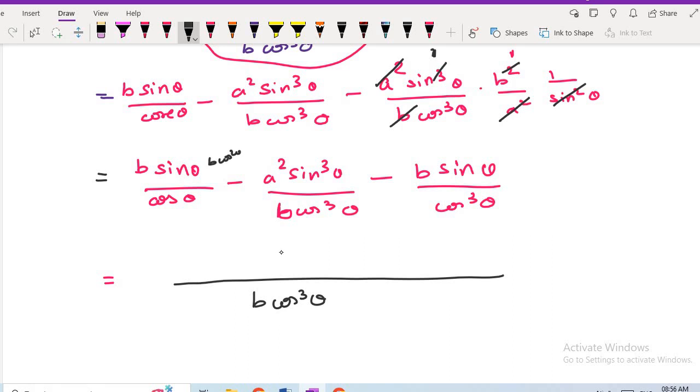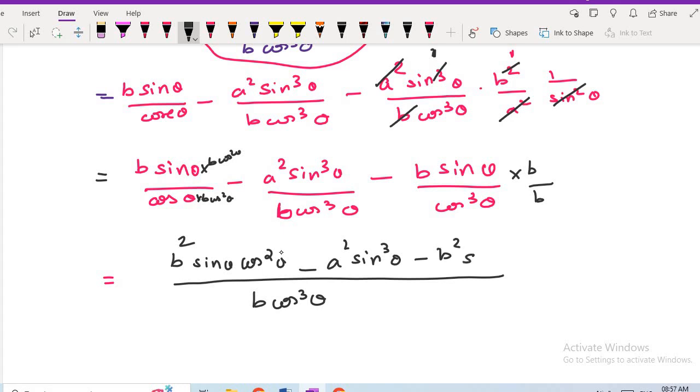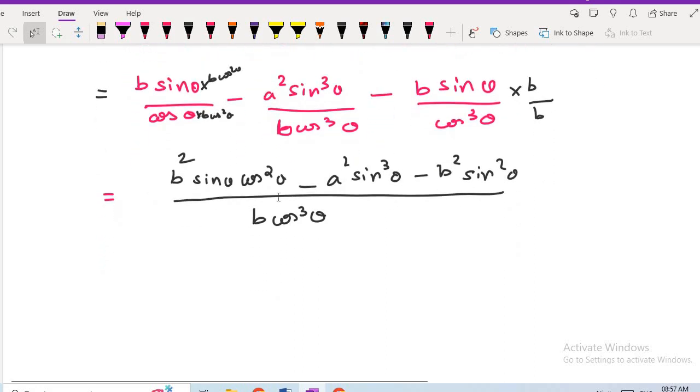So multiply and divide by b cos square theta, which means your numerator is b sin theta, and then b into b square sin theta cos square theta, and then minus a square sin cube theta, as here we already have all the terms. And here b is missing, so we multiply by b. We have b cos cube, so multiplying and dividing by b, we get b square sin square theta, divided by this term. What is common in that?